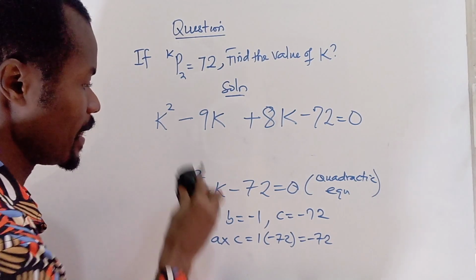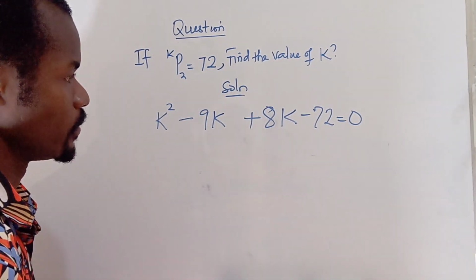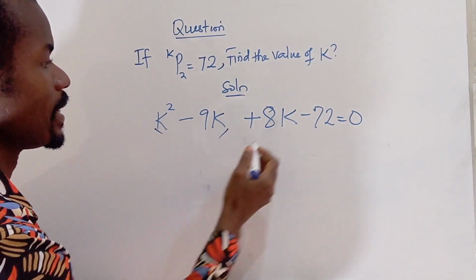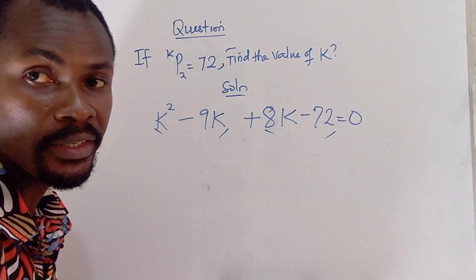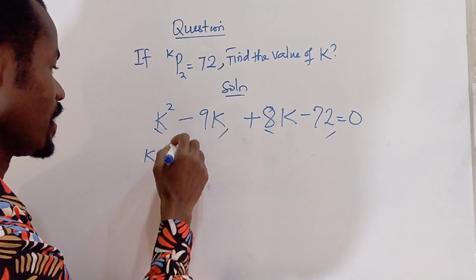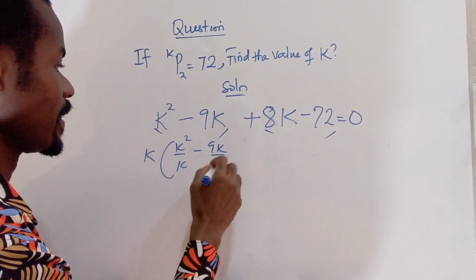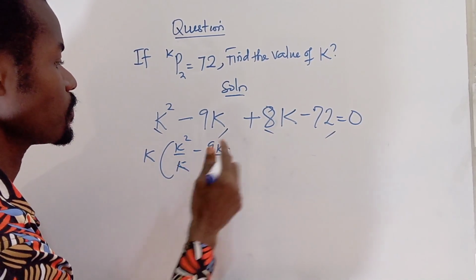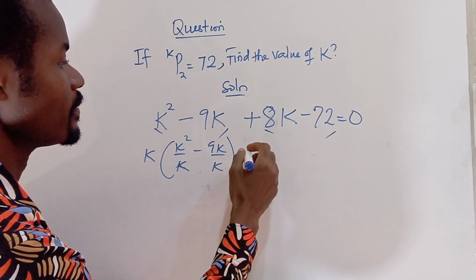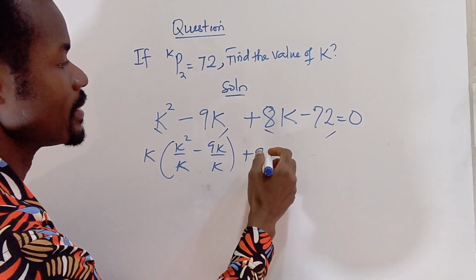All right, so with that, we can now factor out this part and this part. What's common here is k, so I'm going to divide k squared by k, and divide 9k by k. Then here, 8 is common, so I have plus 8.